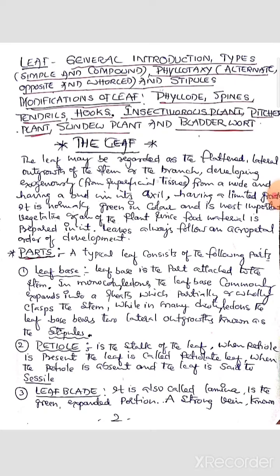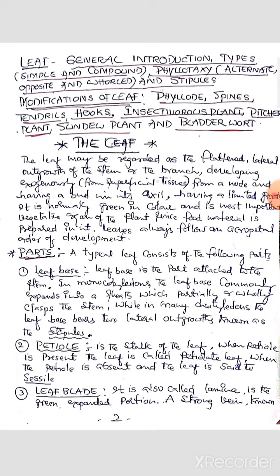It is normally green in color and is the most important vegetative organ of the plant, since food material is prepared in it. Leaves always follow an acropetal order of development.